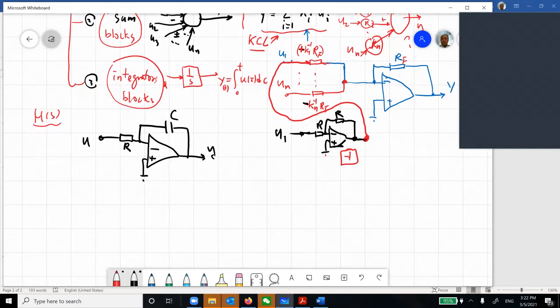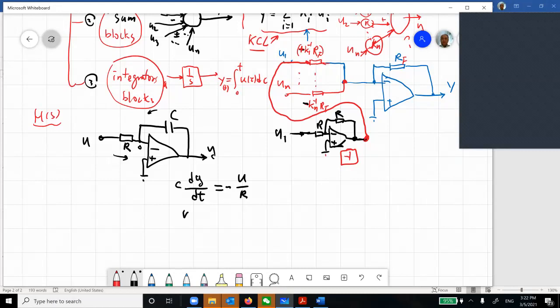Y is the voltage, this is 0. So the current in here is C dy/dt. The voltage Y equals, this is U divided by R. It's minus, okay? Because they go here and here and add together to 0.